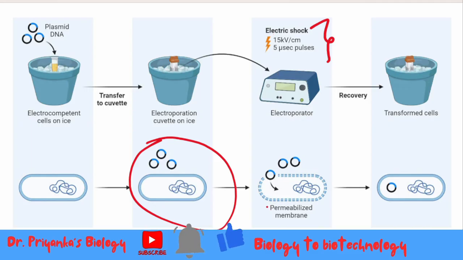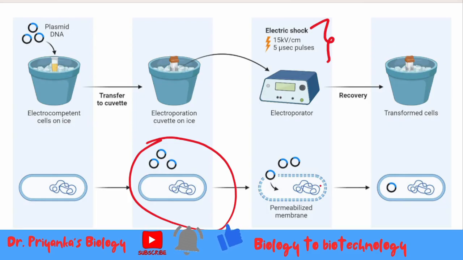Now if you see here, there is some dotted line indicating the formation of transient pores in the bacterial plasma membrane, which will allow the plasmids to enter inside the cell.